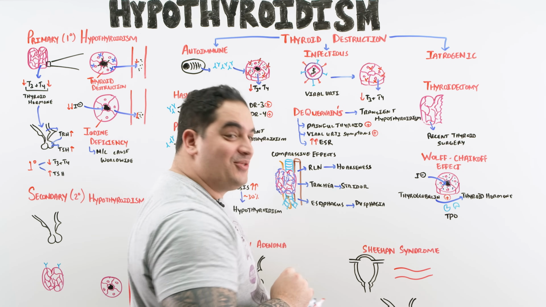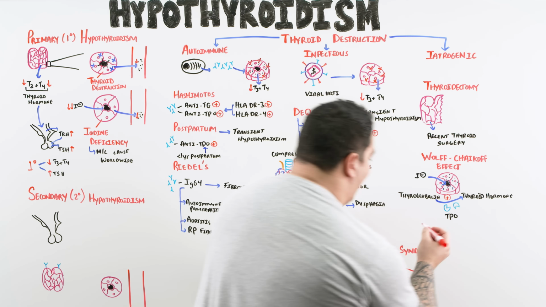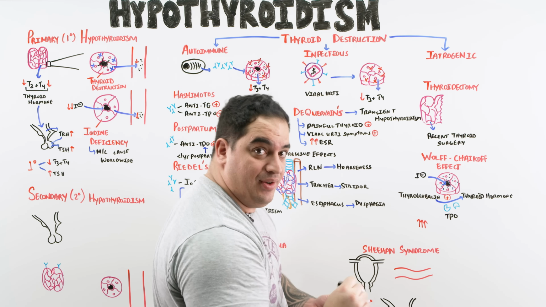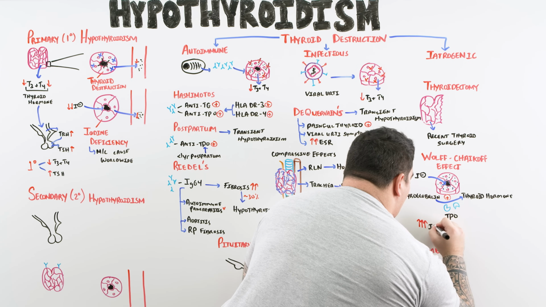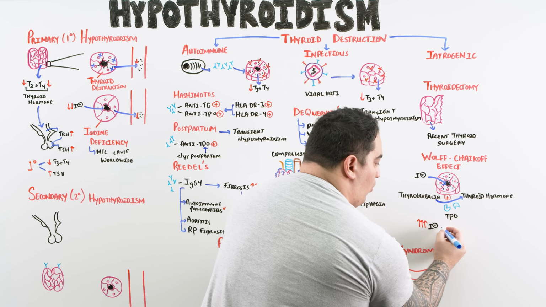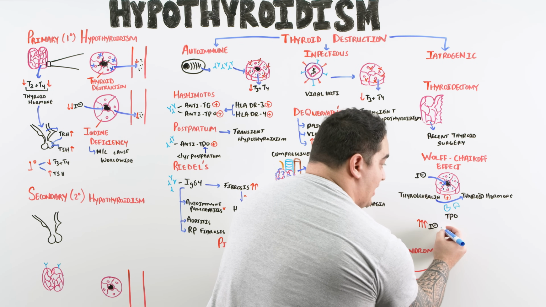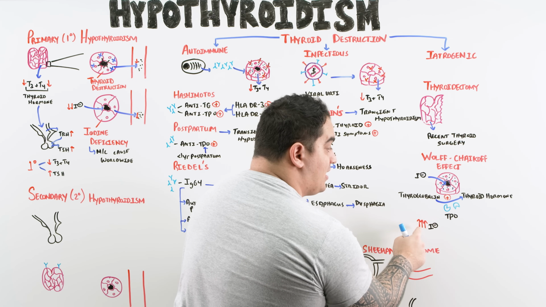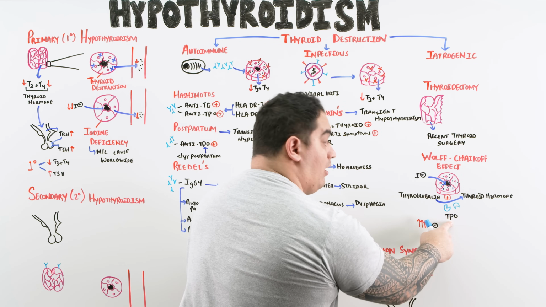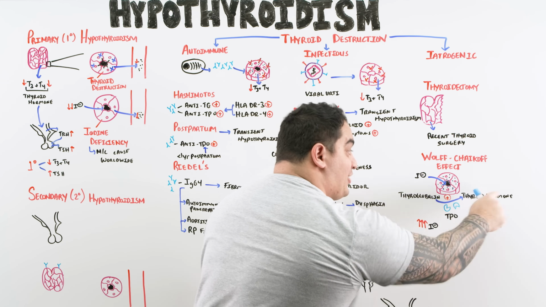What if, and this is weird, what if I gave way too much iodine to a patient? I give them insanely large doses of iodine. That large doses of iodine can work via kind of a negative feedback mechanism, because what it'll do is it'll say, hey, I have lots of iodine for me to make thyroid hormone. But then your thyroid peroxidase enzyme says, oh crap, this reaction is going way too fast.